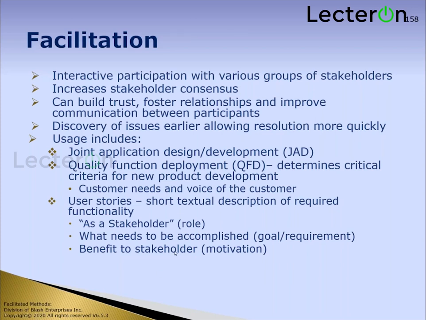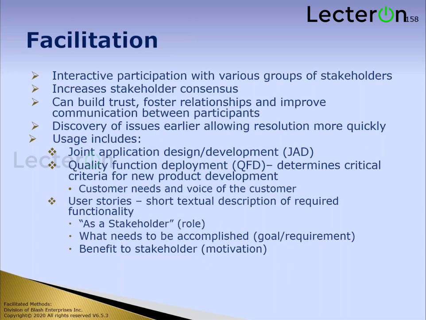But this is the first place that the PMBOK guide talks about a user story. And a user story is basically a way to write a requirement. Now, what they're saying is you can develop these through facilitation. You can develop these anyway, anytime, by whomever.